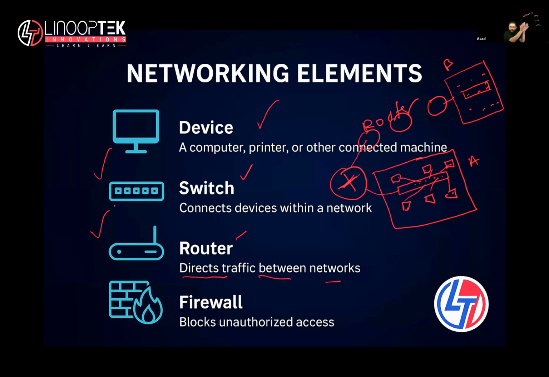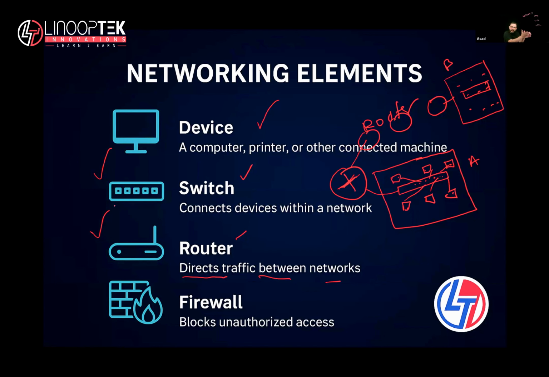And then when you have a network and you want to connect to other networks, meaning you want to go to your Snapchat, you want to go to Instagram, you want to go to TikTok, you want to go to your banking page, whenever you type chase.com, now you're connecting to another network because that chase.com website is not part of your network. It's somewhere else on the internet.